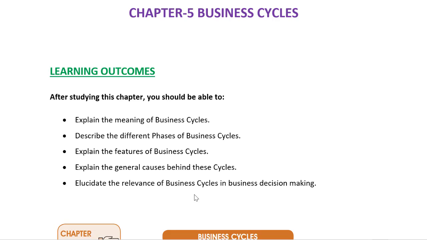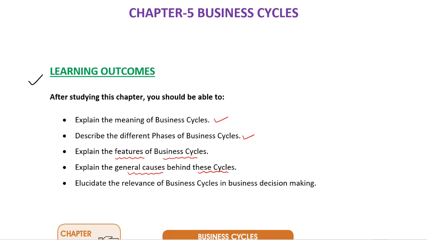Let us see the learning outcomes of this chapter. After studying this unit, you will be able to understand and explain the meaning of business cycles, describe the different phases of business cycles, the features of business cycles, explain the general causes behind these cycles.